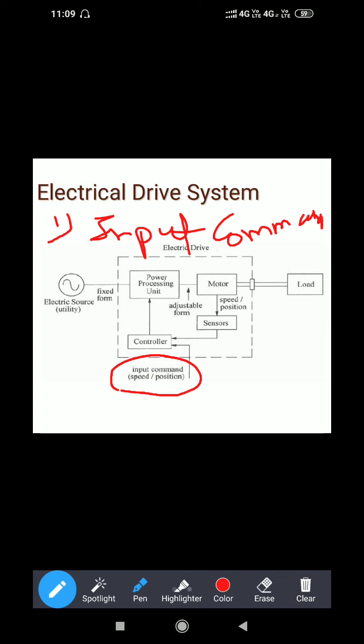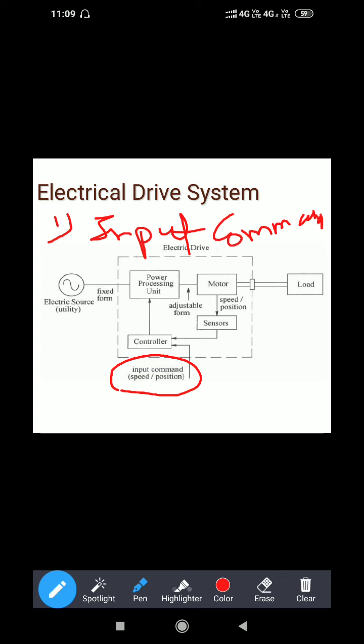So this input command is an electric signal which adjusts the operating point of the drive. This is the reference input given to the controller of an electrical drive. We can understand this with one example.